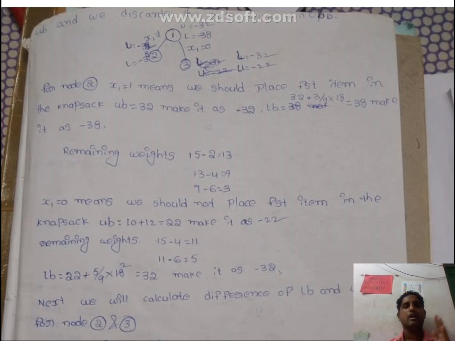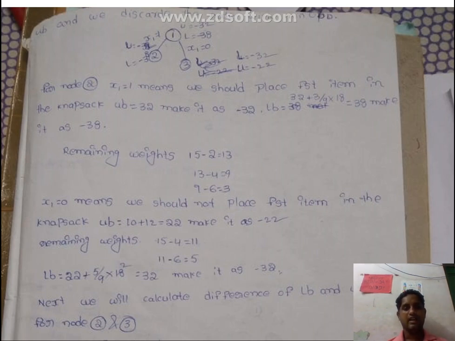We assume x1 equals 1 and x1 equals 0, and we assign states the same way. For node 2, x1 equals 1 means we place the first item in the knapsack: upper bound equals minus 32, lower bound equals minus 38. And x1 equals 0 means we do not place the first item, so its profit and weight are not considered.